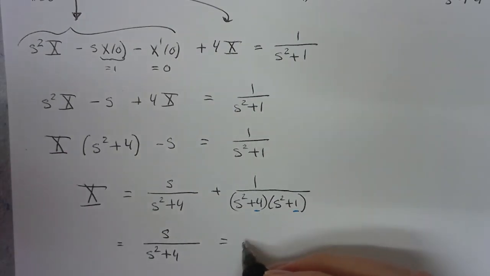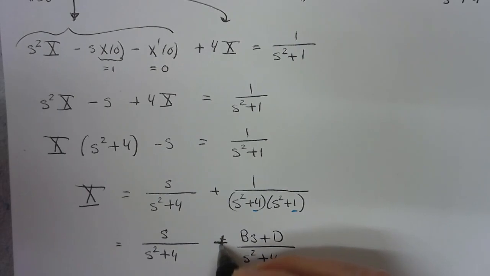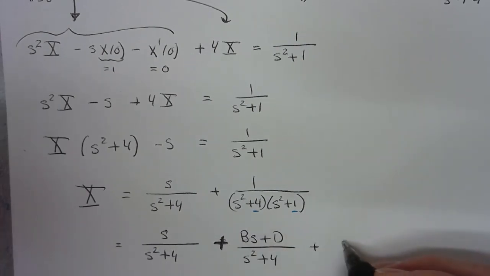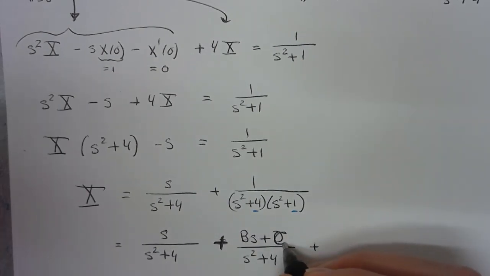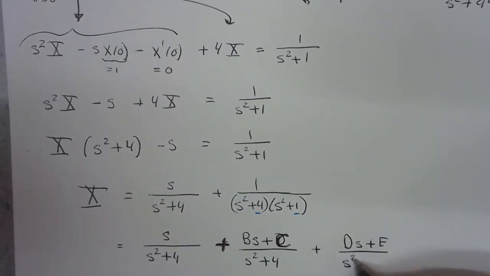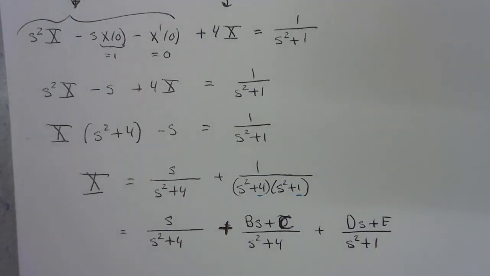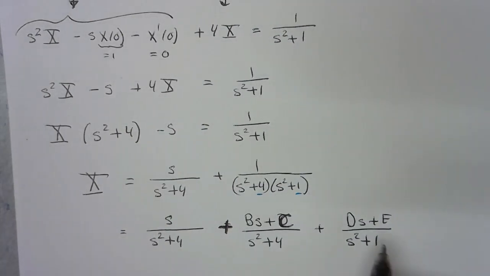Right, so we'd have something like Bs plus C over s squared plus 4, plus Ds plus E over s squared plus 1, right? So with these irreducible quadratic factors in the denominator, you have to split them up using linear factors.